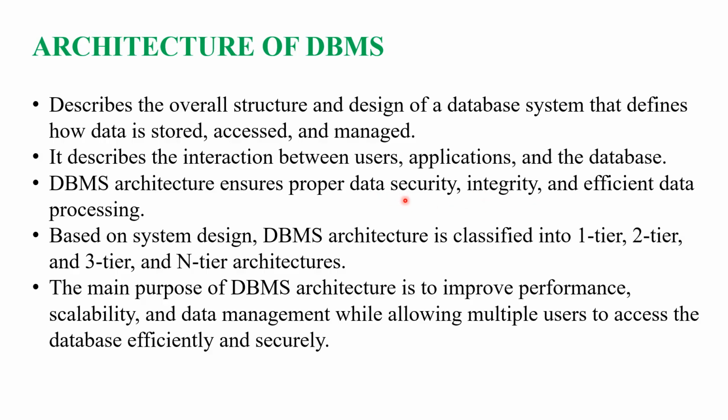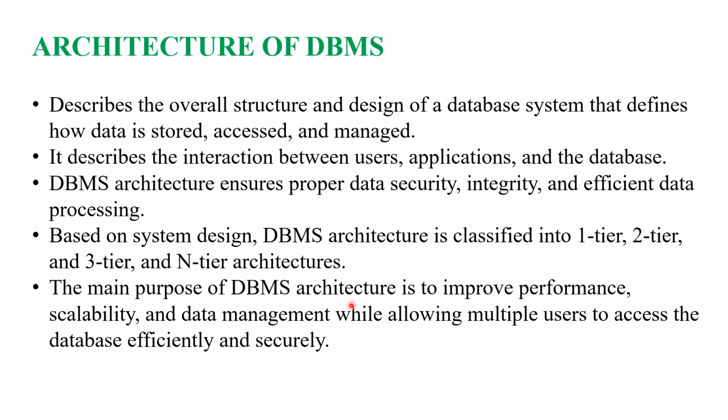To ensure proper data security, integrity, and efficient data processing, the architecture will help us based upon the system design, like the integration of layers. The DBMS architecture is classified into one tier, two tier, three tier, and n tier architectures.